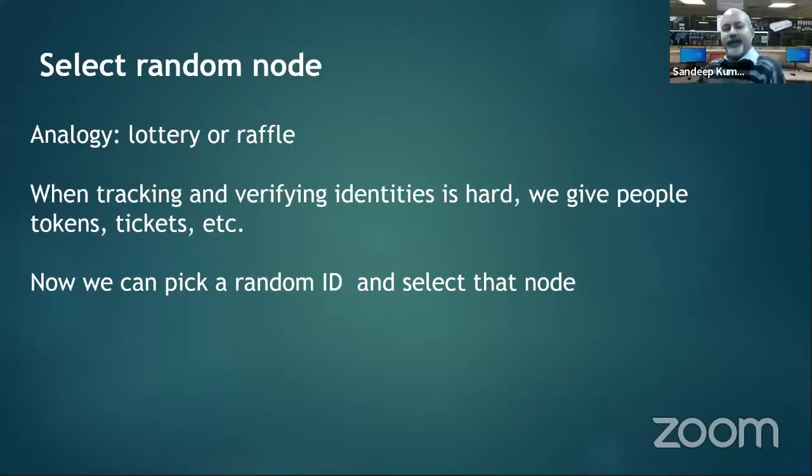So it's similar to what we call a lottery or raffle, right? Let's say you go to a party and everybody is given a ticket with a number on it. Then from the draw, you pick one number and the person who holds that number will be the winner. It will be very similar to that.